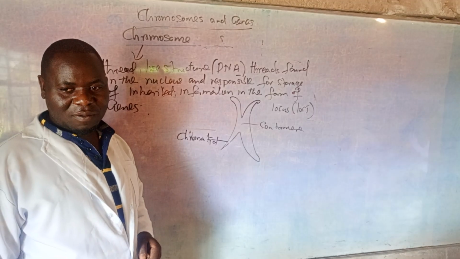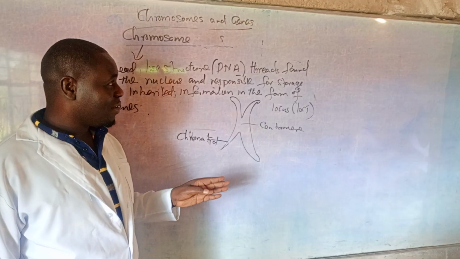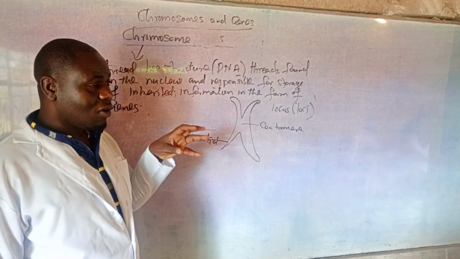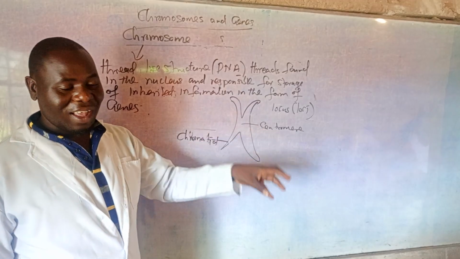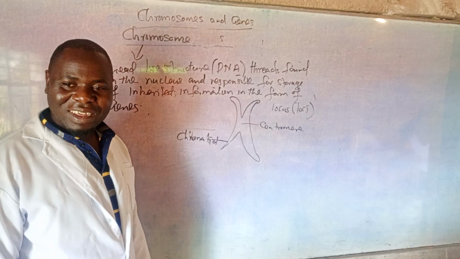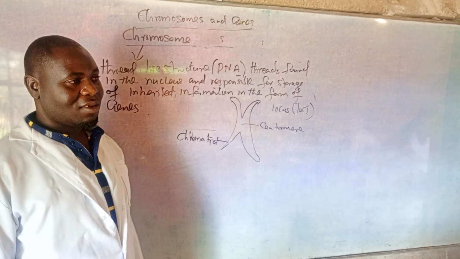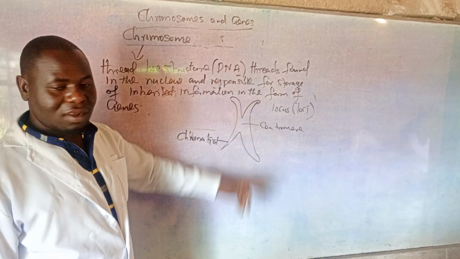For you to locate a gene, first we go into the cell. From the cell we go to the nucleus, then the chromosome, then the locus, and there you find the gene. Which is DNA now? DNA stands for what?